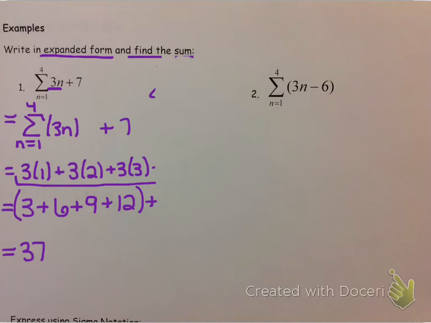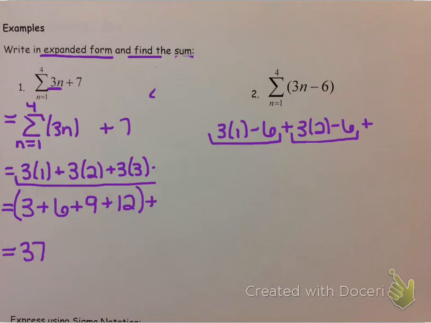Okay, so this time around I would plug in the 1, but this is the whole expression. It's the whole pattern equation. Plus, because there's going to be pluses in between all of our terms because of the sigma symbol. Then I would plug in a 2. So there's the second term.